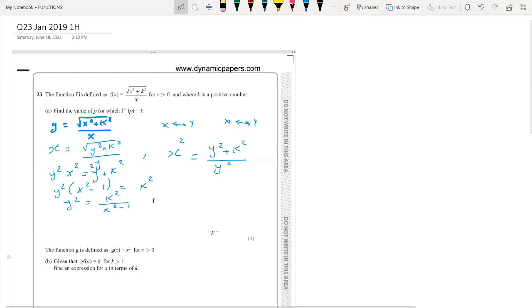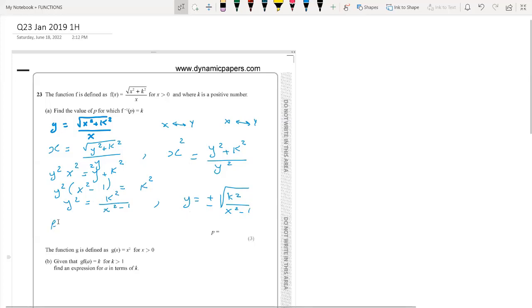And then y is equal to plus or minus the square root of k squared over x squared minus 1. Now, y is the f inverse of x.